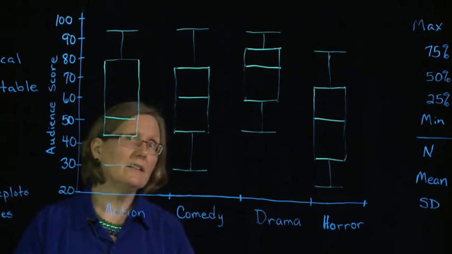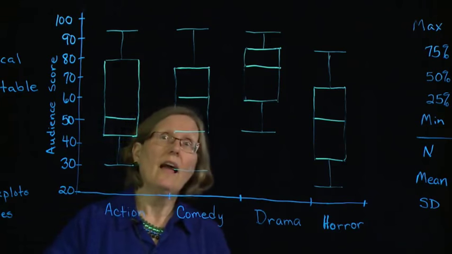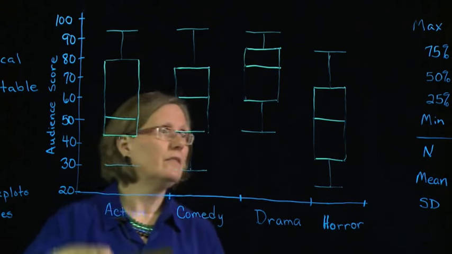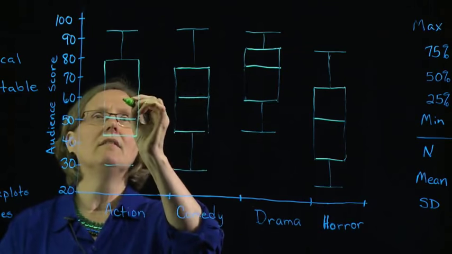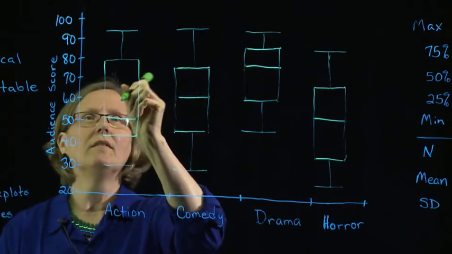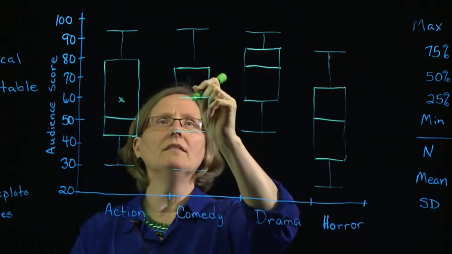It's also easy to see that some of the distributions are more symmetric than others. If we plot the means, the mean of the action was 59. The mean of the comedy was 59.